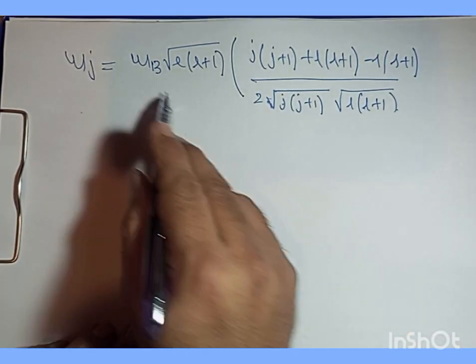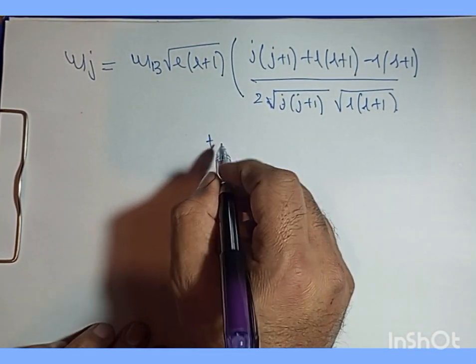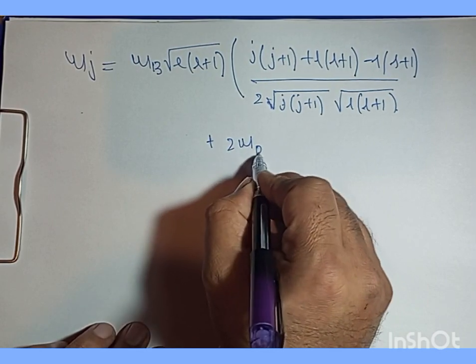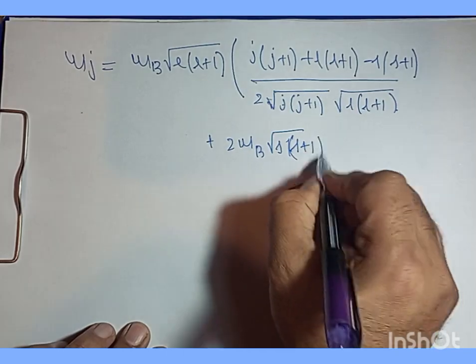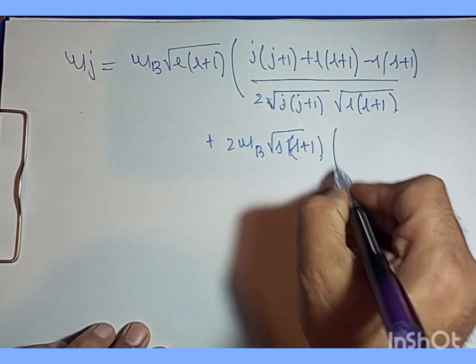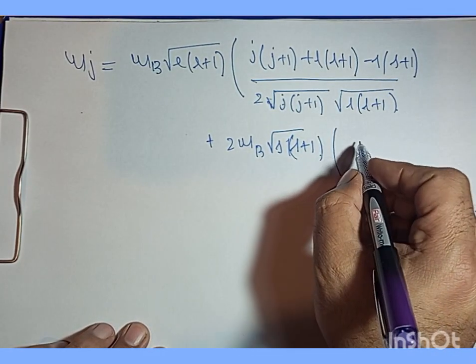Okay, so this is with mu L, then plus 2 times mu B under root of S times S plus 1. Then we will have the bracket, and this whole thing will be there.